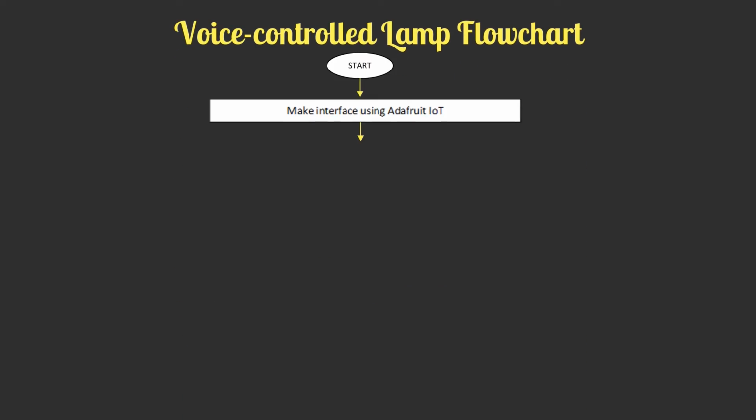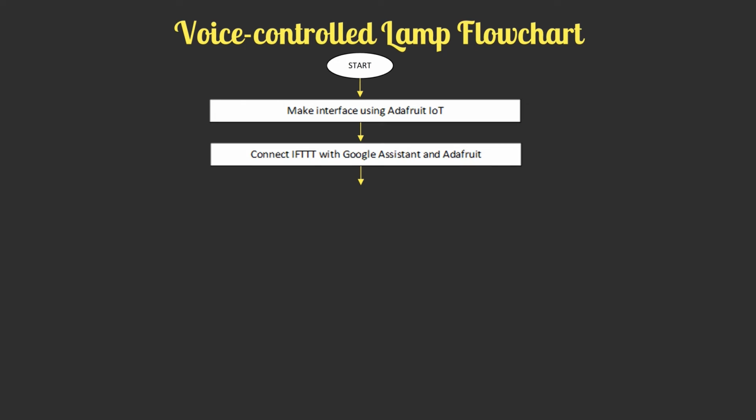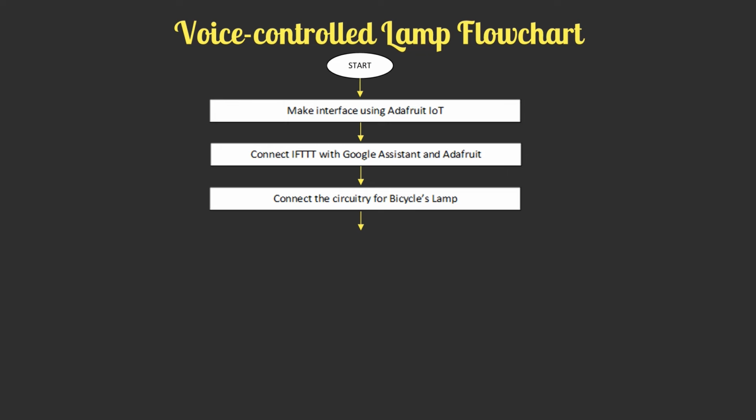For the voice control lamp functionality, the flowchart starts with creating an interface at Adafruit to control the light. Next, connect IFTTT with Google Assistant and Adafruit by using the same ID in Adafruit. IFTTT will interpret the message and send it to the Adafruit dashboard as a comment to the feed. Next, connect the circuit by connecting the anode of the LED to D7 in Node MCU and the cathode of the LED to ground.